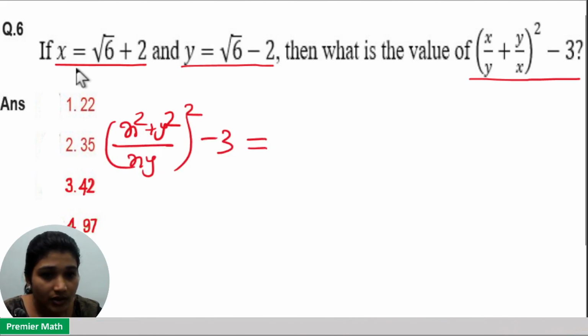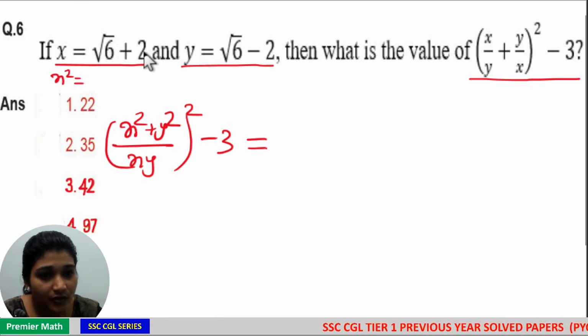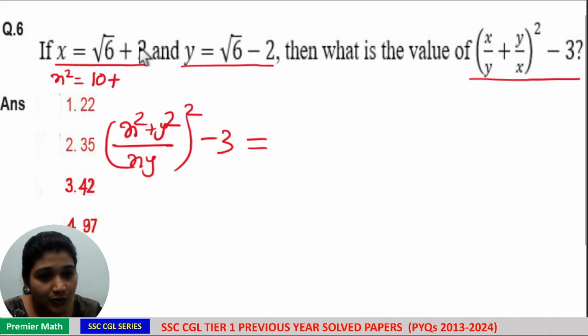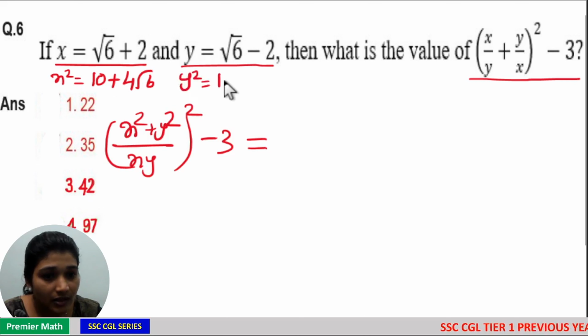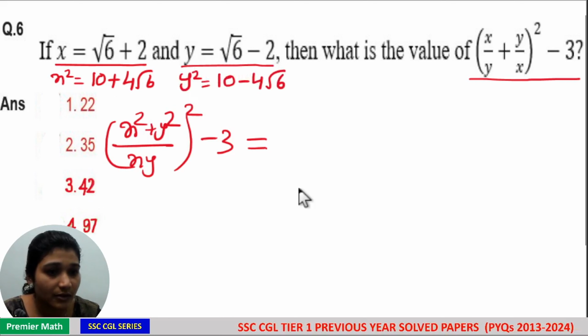Now take x square. x square is equal to (root 6 plus 2) the whole square, which is root 6 square plus 2 square plus 2 into 2 into root 6, that is 6 plus 4, 10, plus 4 root 6. So 10 plus 4 root 6 is x square. Then y square must be 10 minus 4 root 6, because y is equal to root 6 minus 2.